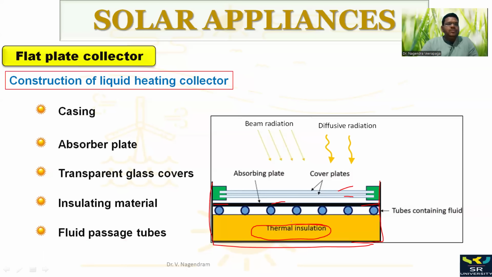Next, we have the fluid passage tubes. These circles show the fluid passage tubes. If cold water enters from this end, it moves through the tubes, and at the end we get the hot water out.